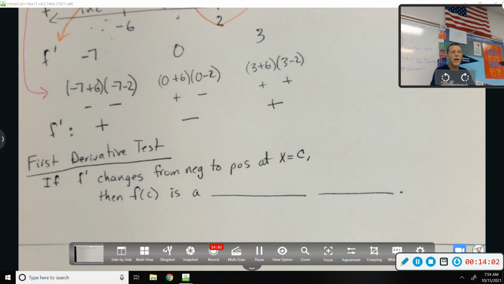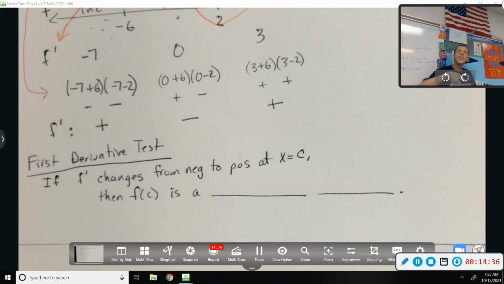If f prime changes from negative to positive, then f of c... Think in your brain or even do it with your hand: f prime changes from negative to positive. If we're changing from negative to positive at this spot right here, what would you call that point?